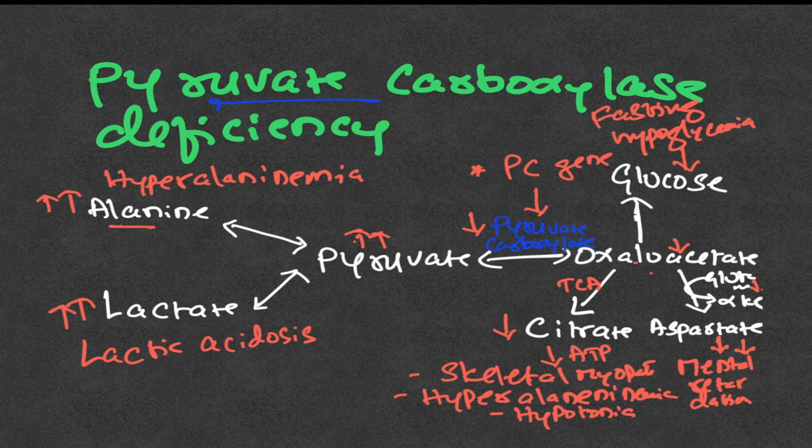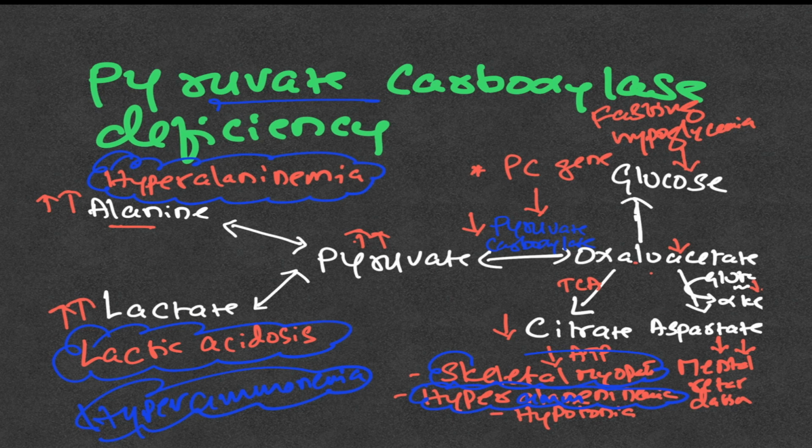So, what are the signs that we see? There is an increase in alanine level, so hyperalaninemia, lactic acidosis, skeletal myopathy, hyperammonemia, excess ammonia level, and hypotonia, mental retardation, and fasting hypoglycemia.